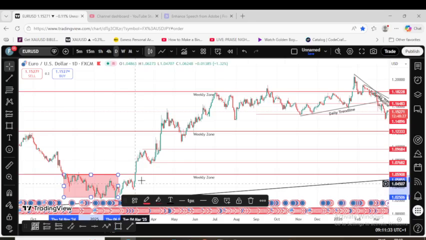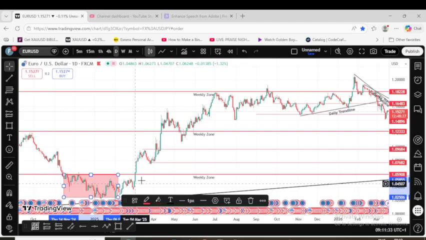Price started from our trend origin and has been going in a bullish uptrend until this point, where price has very recently broken our market structure on the daily time frame.